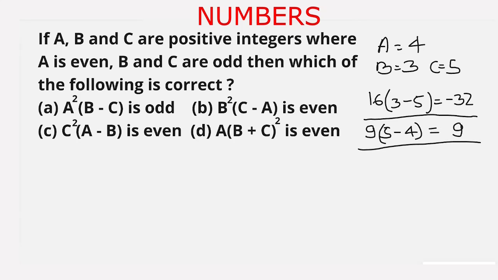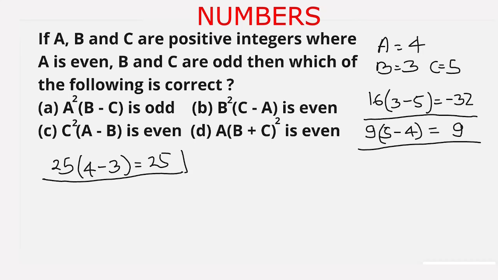Now we go to option C. C square is 25 into A minus B. A is 4 and B is 3. So this is 25 multiplied by 1, which is 25. This is odd. Hence, C is incorrect.